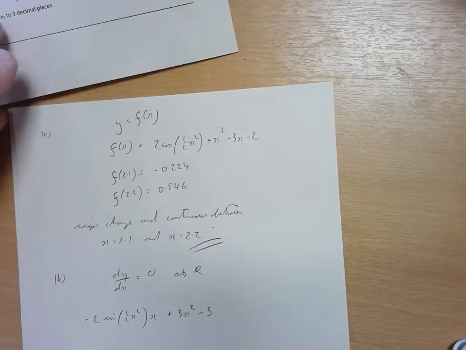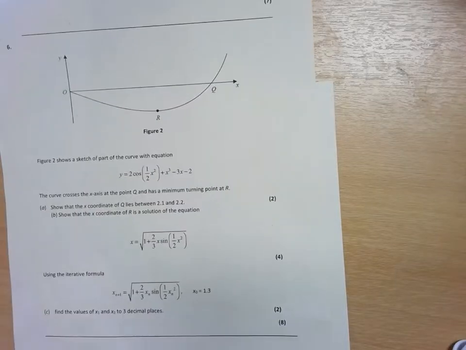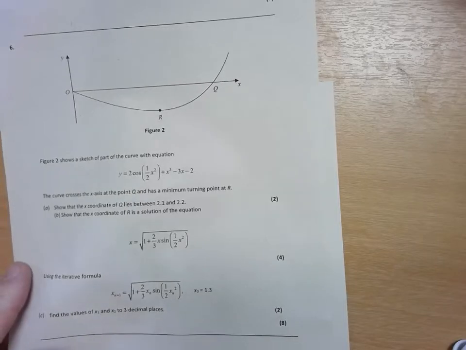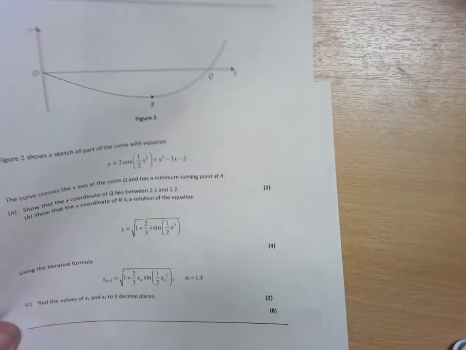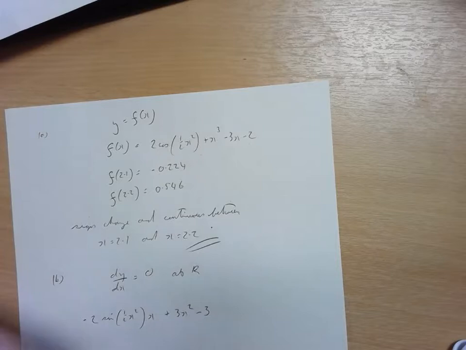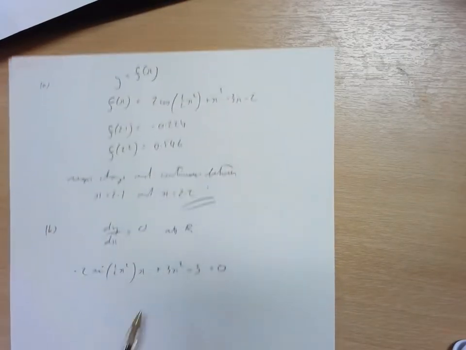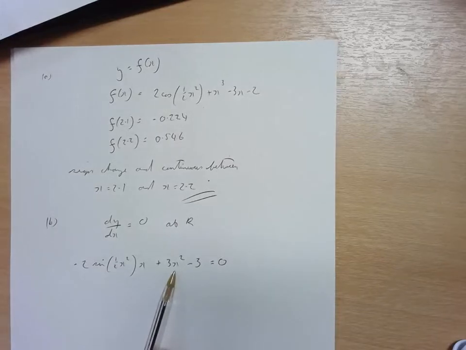So I'm just going back to the form I'm trying to show. It's looking at x as a square root, because obviously there are several ways you can rearrange that. That's a turning point, so that equals 0. It's looking as if I'm going to isolate that term, the 3x squared.